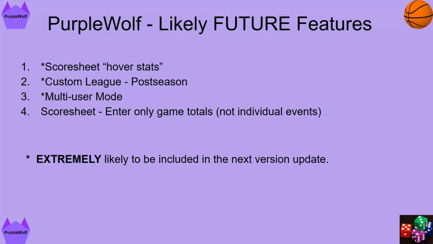There'd be a way to have a game on the score sheet and just say this player played 25 minutes, took 8 field goal attempts and made 4, and shot 5 free throws and made 2, and maybe also the score at the end of the first quarter, second quarter, etc. So you could enter your totals like that, and that way you can still track your season stats, but not worry about recording each event as you play your game.